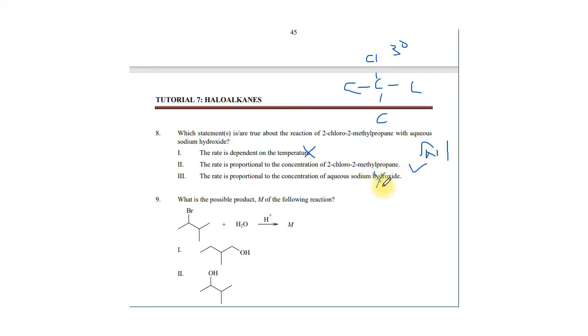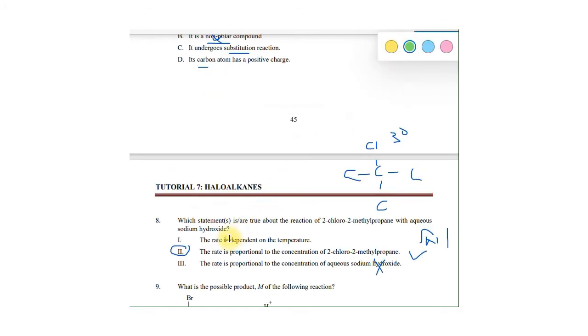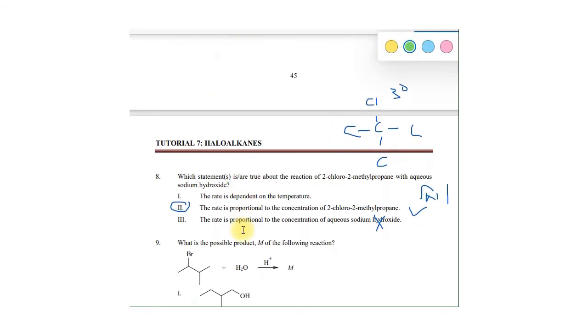So now we check the choices. A is 1, B is 1 and 2, C is 2 and 3, and D is 1, 2, 3.